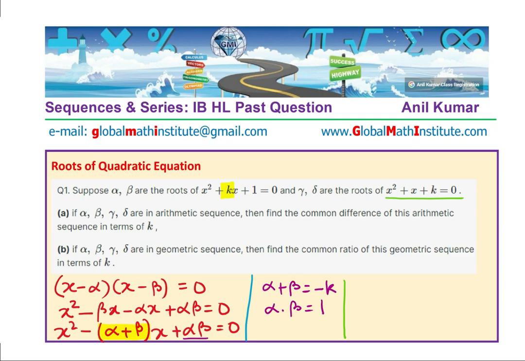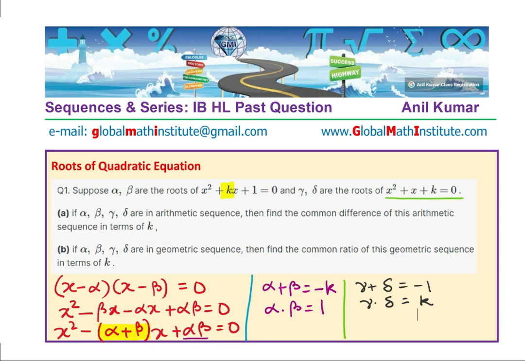So we have gamma plus delta equals minus 1. And the product of roots, gamma times delta, should be equal to the constant k. That is how we get two sets of equations. Now, using these equations, we can solve parts A and B.